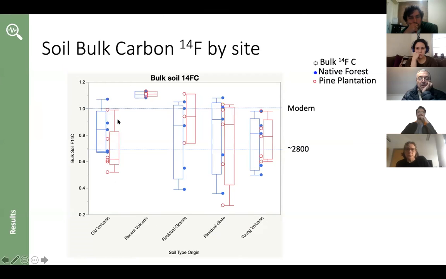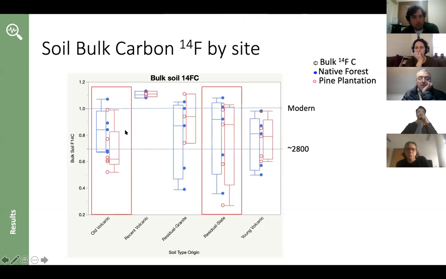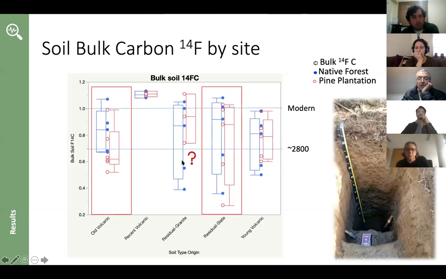And we see that the plantations, in red, generally have bulk carbon that is a little older than what we find in the native forests. However, there's no significant difference with this. Here in the granite, I put the question mark because we're still missing some data. We don't know how this is going to behave.